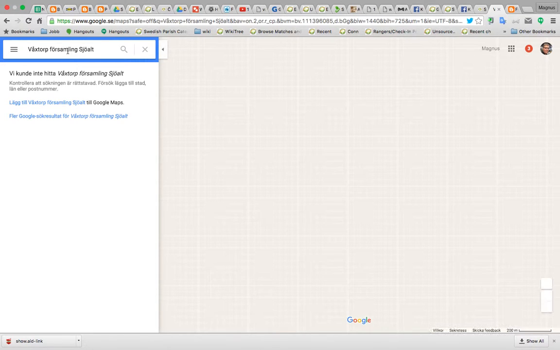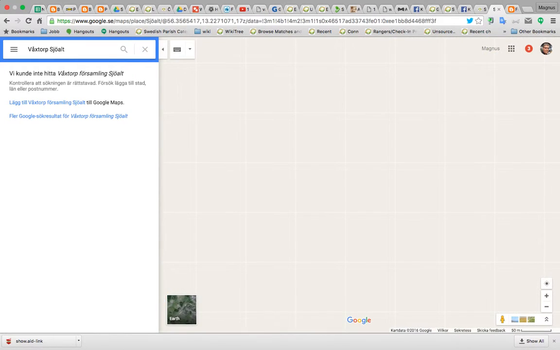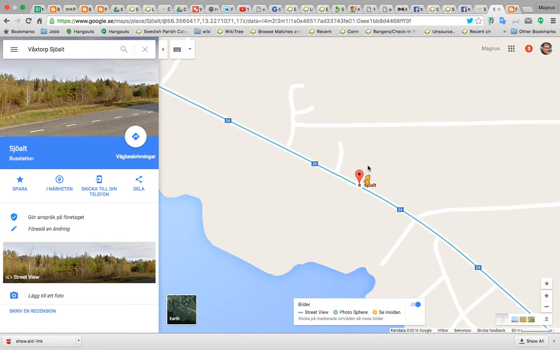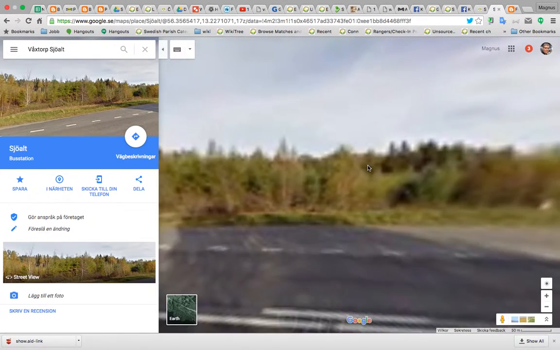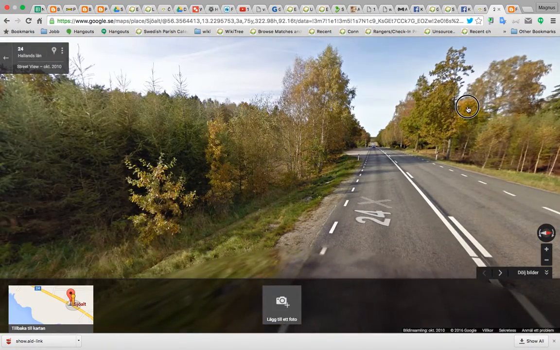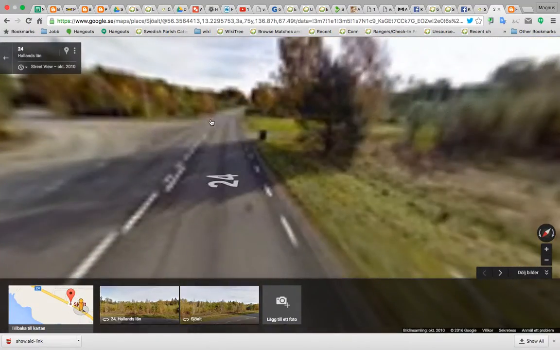No, have to take away församling. There we have it. And Sjöallt. And then you can do like that. Then we need to find some houses. So this is the way that Google sees it.